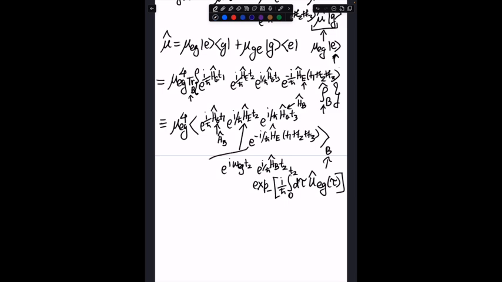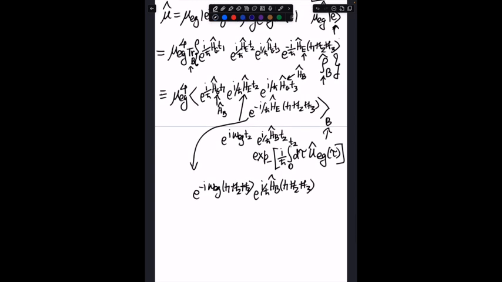And then this term, where you have e^{-iω_eg (t1+t2+t3)} e^{iH_B (t1+t2+t3)/ħ}. And of course, you have the exponential, positive, minus i/ħ from 0 to t1+t2+t3.